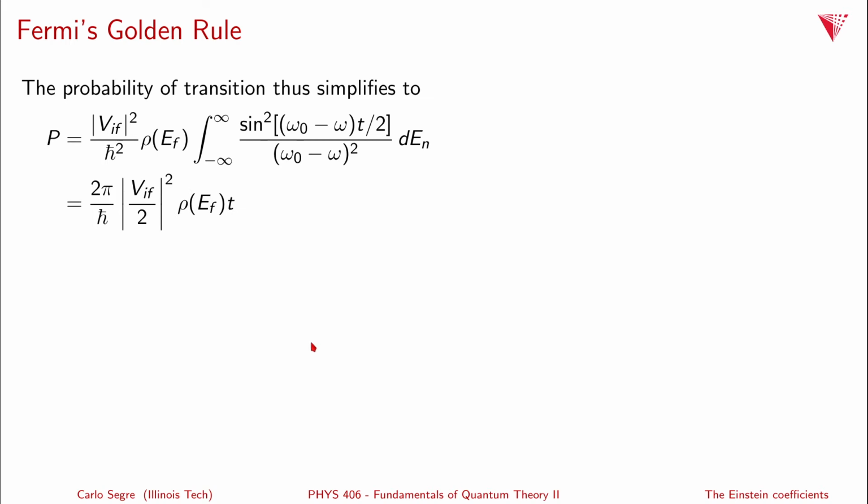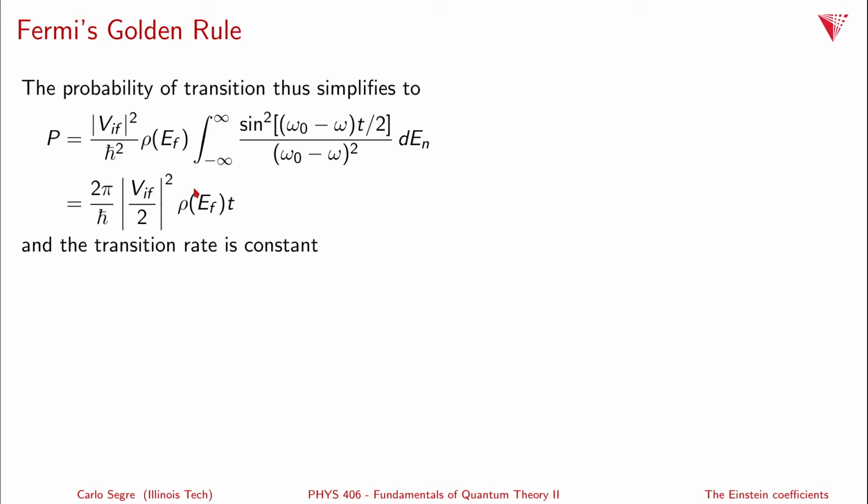When you do that integral, you get 2 pi over h bar, the matrix element V sub IF from the initial to the final state over 2 modulus squared times the density of states at the final energy times t. So the probability increases linearly with time.